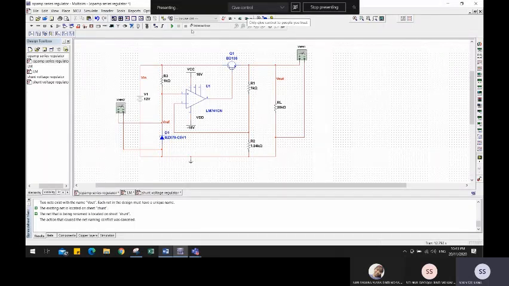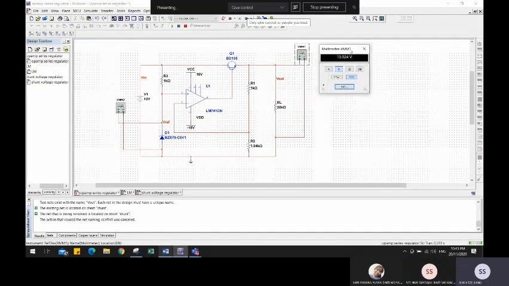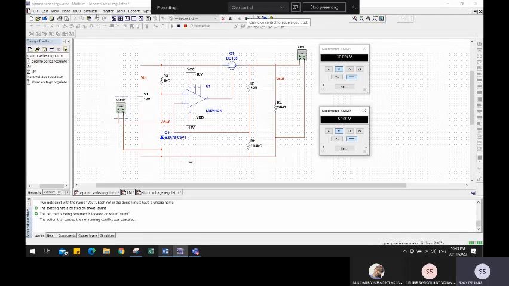After that, we need to look at the value of Vout and also the value of Vz. This is the value for a 12 volt supply, and we get the output of 10 volt and 5.1 on the Zener diode. After that, we want to look at the graph.